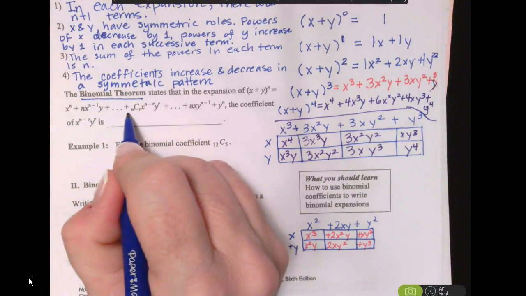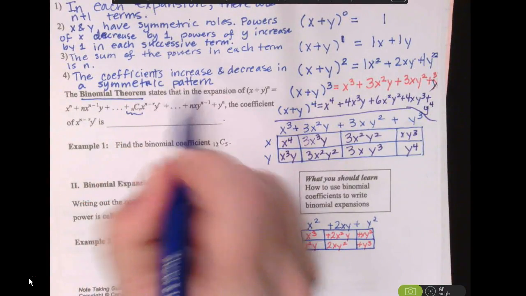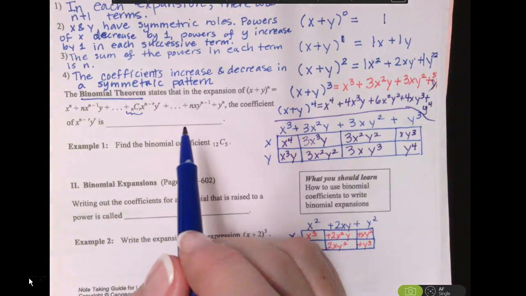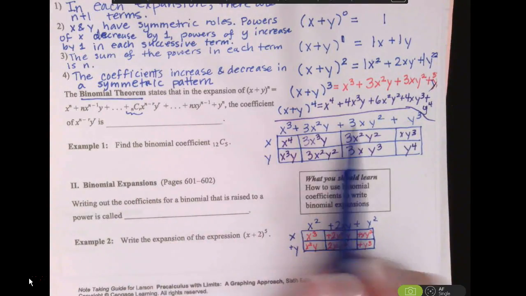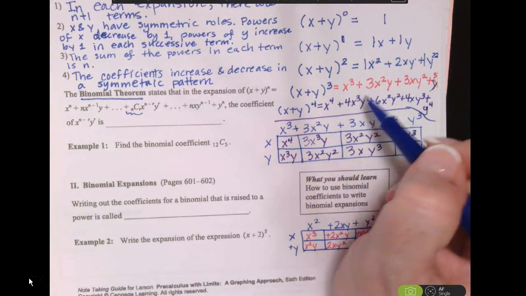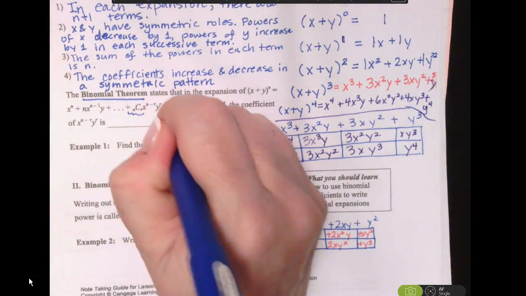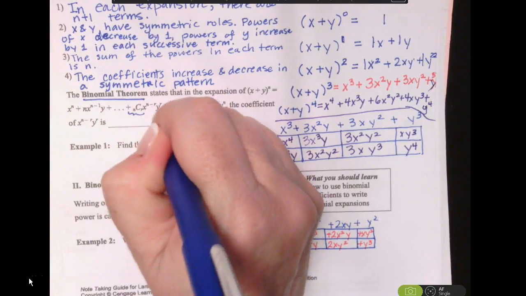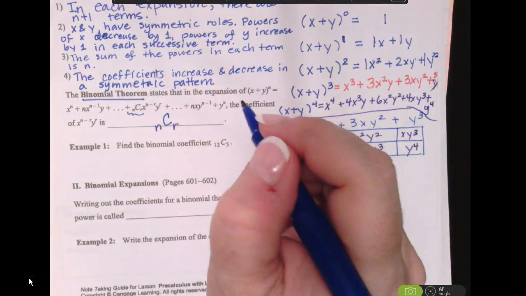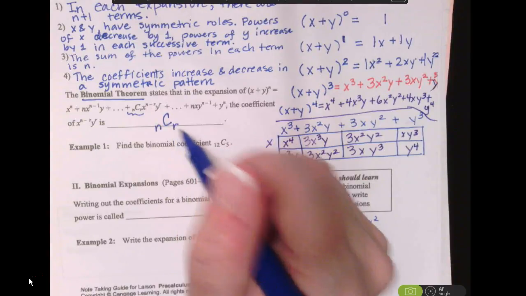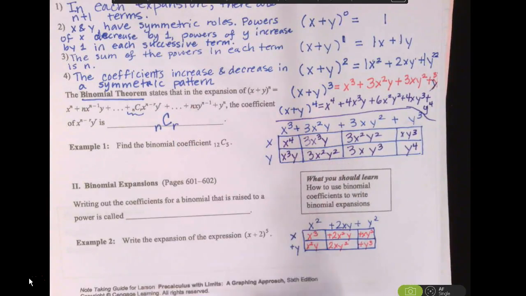But if you look right here, this is a clue to one way that you can get the coefficient of any term, and that is by doing a combination of n things taken r at a time. And you maybe have studied that when you have been studying probabilities.